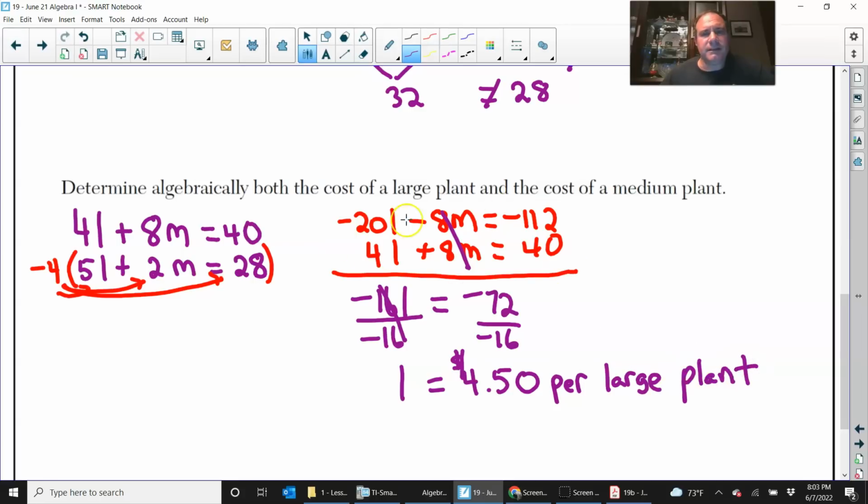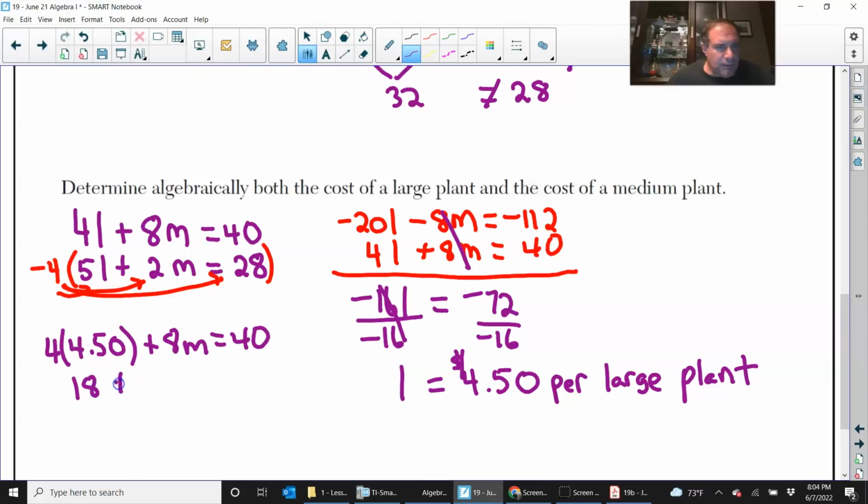I'm going to pick one of these to go ahead and substitute into. I'll pick the top one. So 4 times 4.5, because that's the cost of my large plant, plus 8M, equals 40. And 4 times 4.5 is 18 plus 8M equals 40.